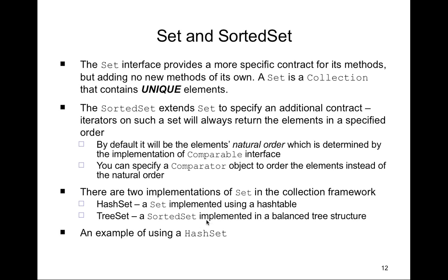The tree set is the sorted set implemented in a balanced tree structure, balanced or binary, sometimes referred to as two nodes per level, and then each level is balanced out, hopefully. If you're not familiar with balanced trees or hash tables or anything like that, take a data structures course. You don't really need it for Android, or for Java. You don't need it for anything really.